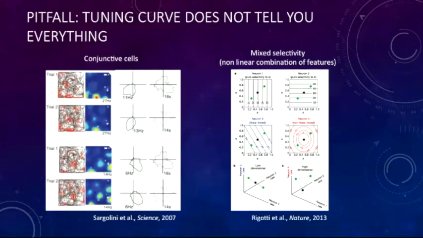In this case, for example, the lab of Moser reported that many cells in the entorhinal cortex are conjunctive cells, meaning that they code for more than one feature of navigation. In this case, they were beautiful head direction cells. Here you see the tuning curve, the rate code. Interestingly, they also plotted the occupancy map in head direction on the right.